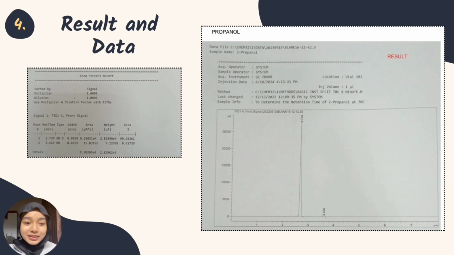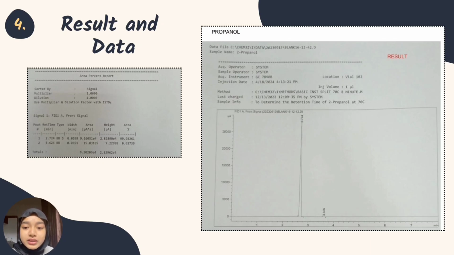So look at the first graph. The GC-FID chromatogram shows a dominant peak at a retention time of approximately 2.72 minutes, corresponding to 2-propanol. This peak represents 99.98% of the total peak area, indicating that 2-propanol is the major component present in the sample.